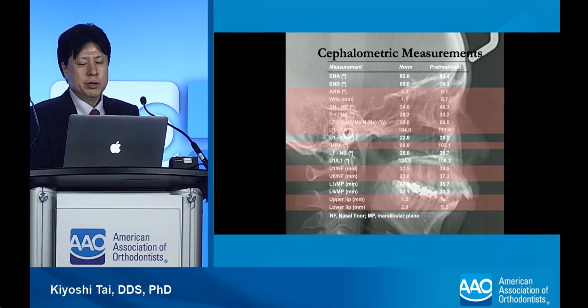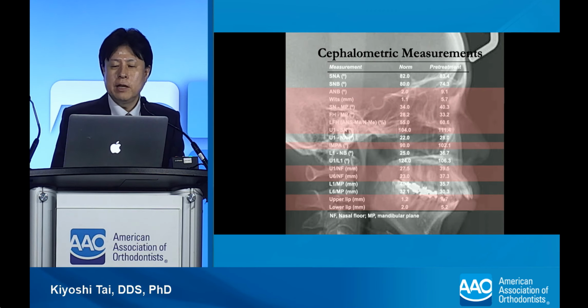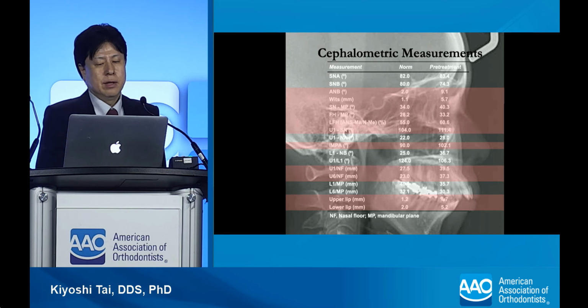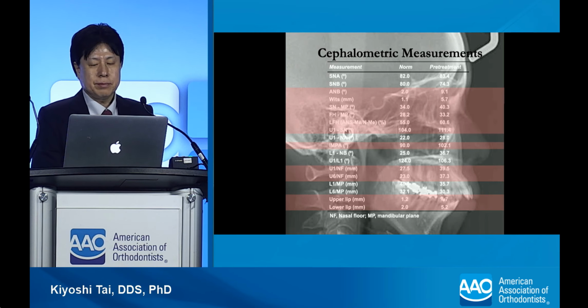As shown in the table, you can see the patient's cephalometric values. Lateral cephalometric analysis indicated a skeletal class 2 with a hyperdivergent growth pattern. Her upper and lower incisors were proclined, and her upper molars had been extruded.